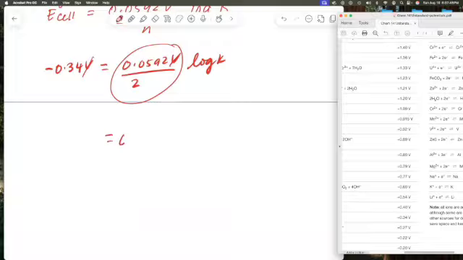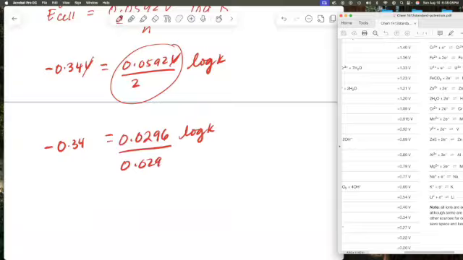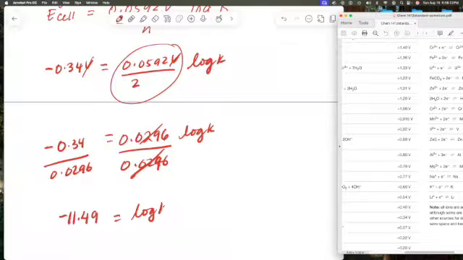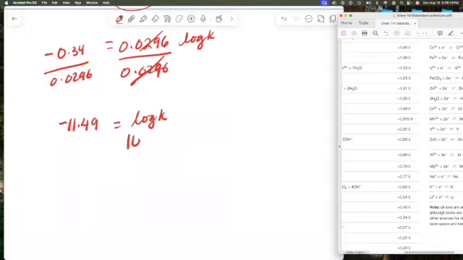That gives us 0.0296 log K. And then we have negative 0.34 divided by 0.0296. When I divide this part, I get negative 11.49 equal to log K. To get rid of the log, do 10 to the power of log K, 10 to the power of this number.